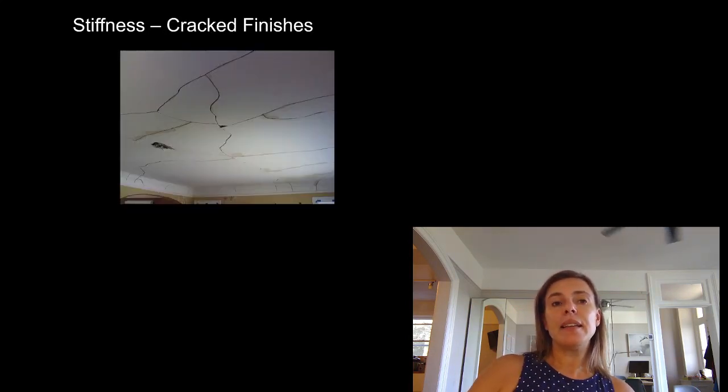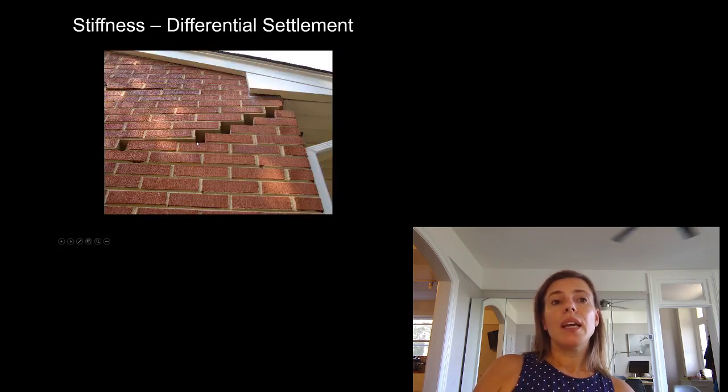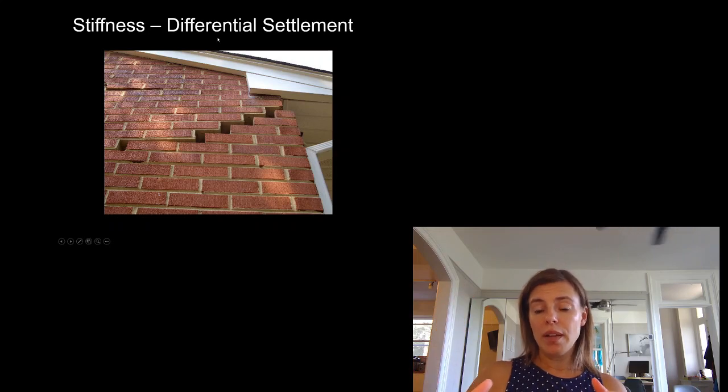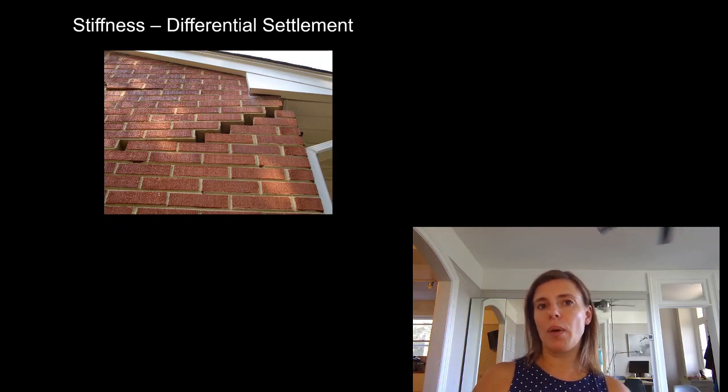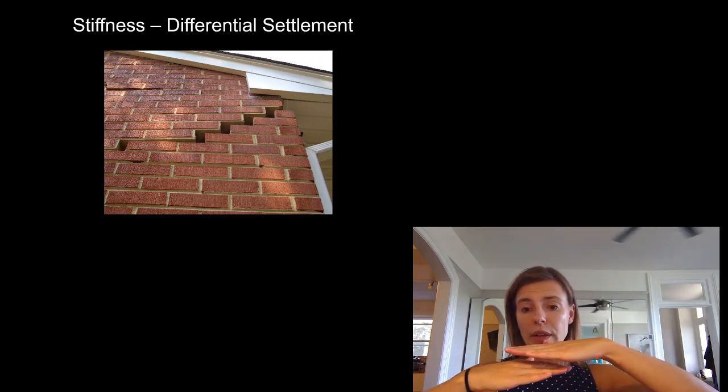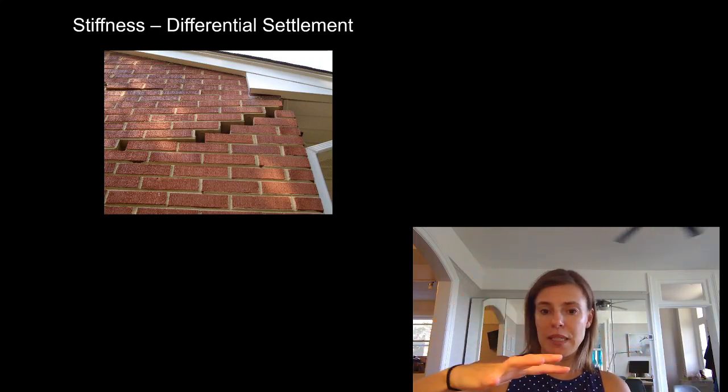Here is a ceiling cracking due to excessive deformation. Here is brick cracking due to excessive deformation. This one is differential settlement, where the soil is moving away from the foundation, or we're getting differential settlement due to the loads of the building. So soil can compress too. It's basically a big sponge.